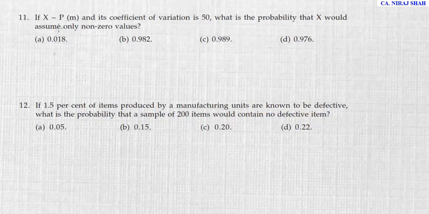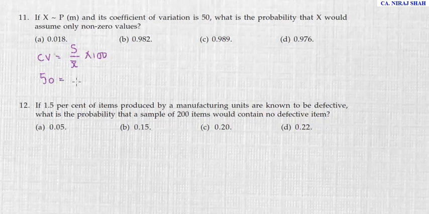If X is following Poisson distribution with parameter m and its coefficient of variation is 50, what is the probability that X would assume only non-zero values? So here the coefficient of variation is 50, which is CV, and the formula of CV is S upon X bar into 100. So in our case, we can write 50 is equal to S upon X bar into 100.